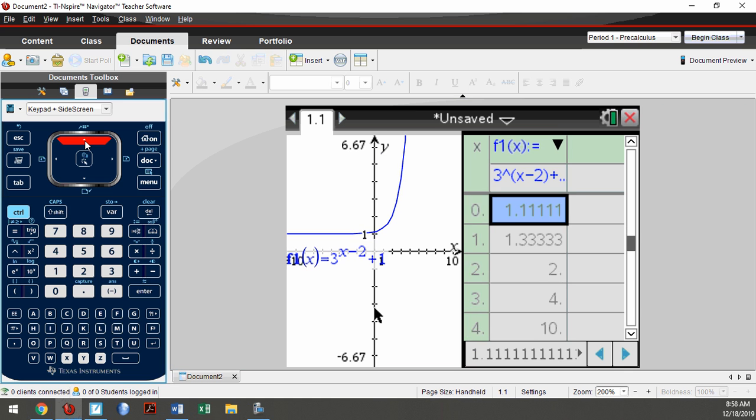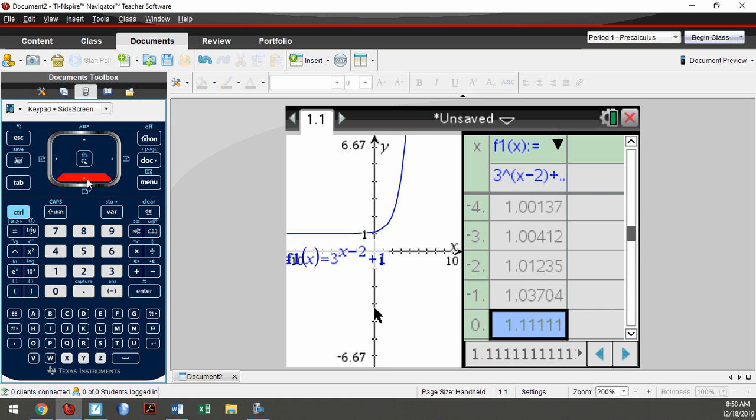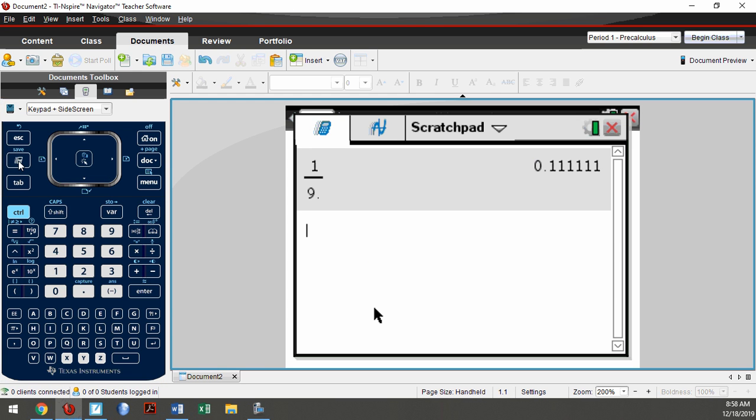The very first one that I want to pull up is when x is equal to 0. When x is equal to 0, I have 1.1111111. What is that numerically? Well, 1/9 is 0.11111. So my lovely y-intercept of 1 and 1/9 is actually the decimal 1.111 repeating. Do we all understand that?